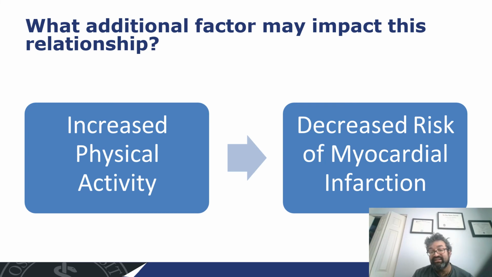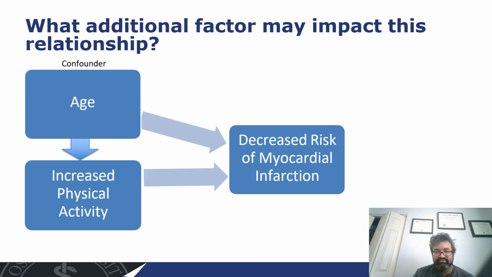Increased physical activity can lead to decreased risk of MIs. What this is trying to show is that even though there's a relationship between increased physical activity and decreased risk of myocardial infarction, the reality might be it has nothing to do with increased physical activity, but everything to do with age.